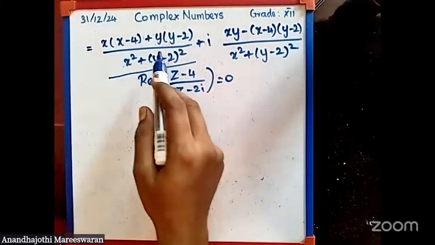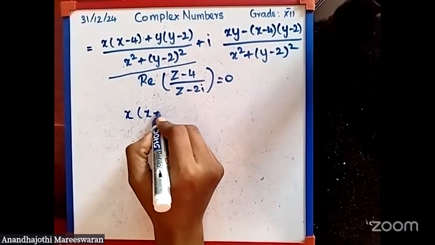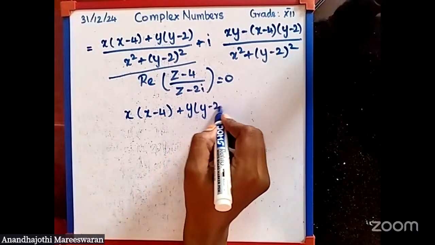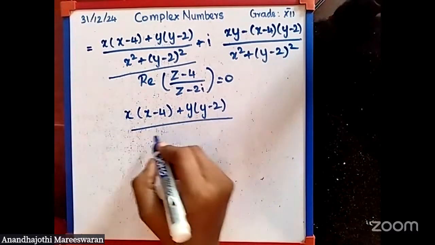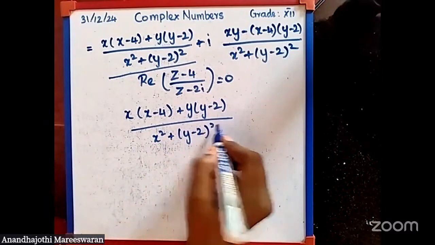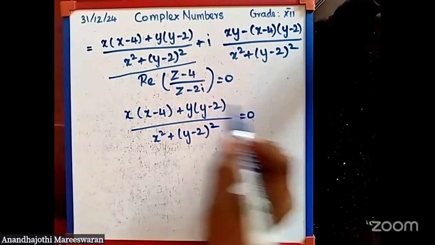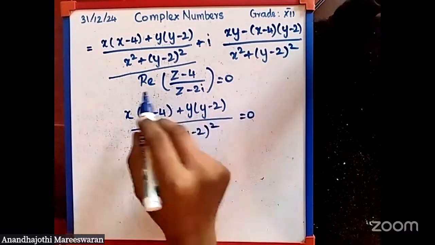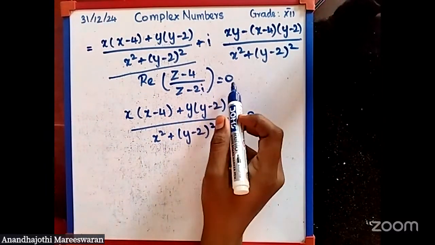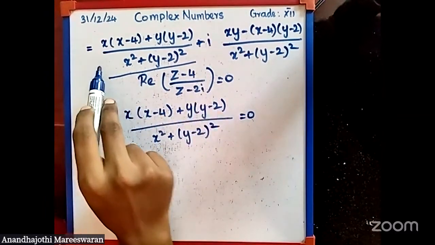So this part will be equal to 0. So x multiplied by x minus 4 plus y multiplied by y minus 2, divided by x squared plus y minus 2 the whole square equals 0. Right? Because this is what is given in the question. Real part of z minus 4 divided by z minus 2i equals 0. So we solve this and we find the real part.